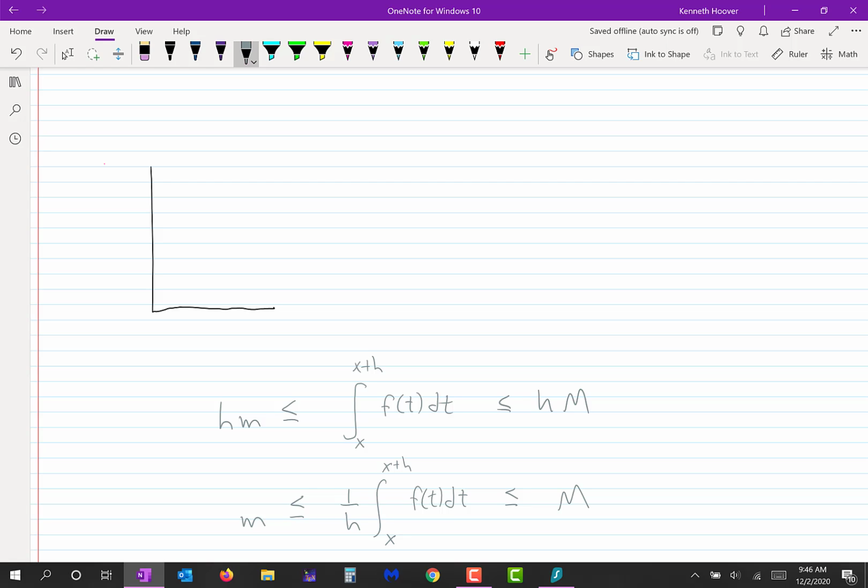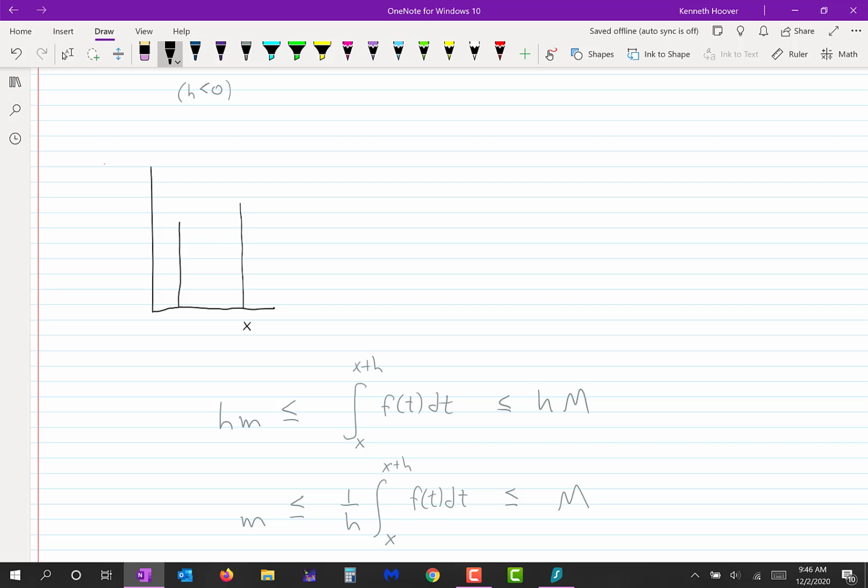So I should just show you really quickly now. What if h was negative? Okay, would the math that we did still work? Well, it would still work out, because what would be different is, let's say here's x. Then x plus h would be to the left.